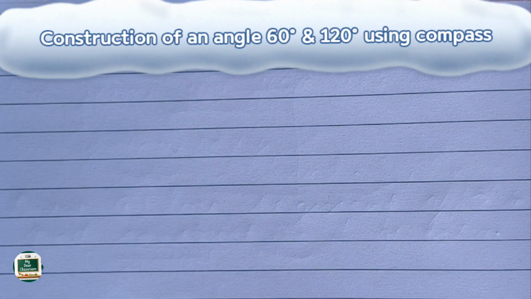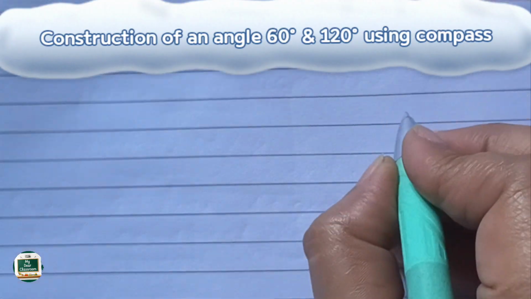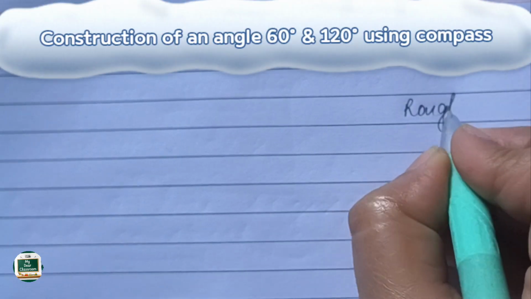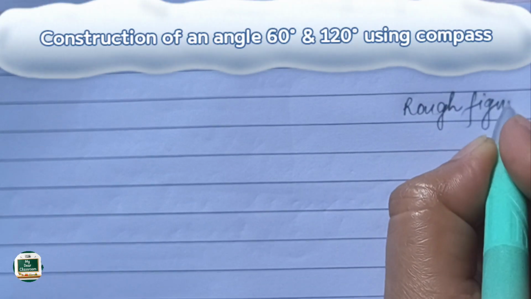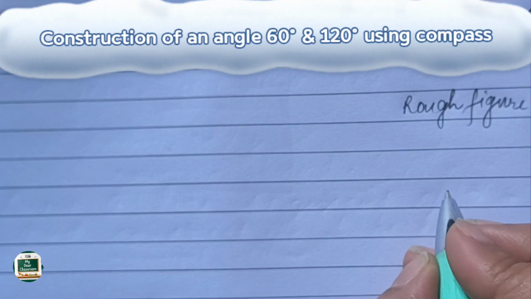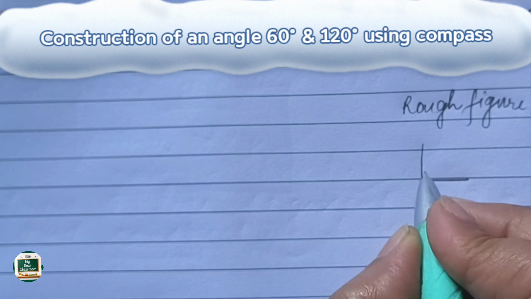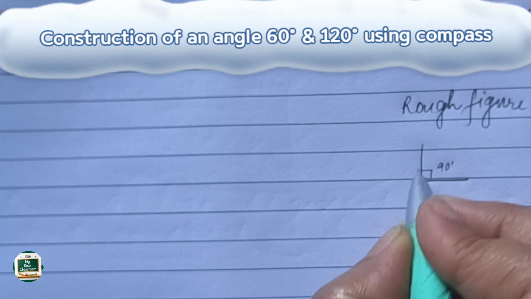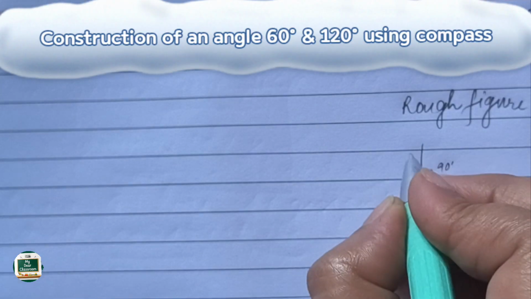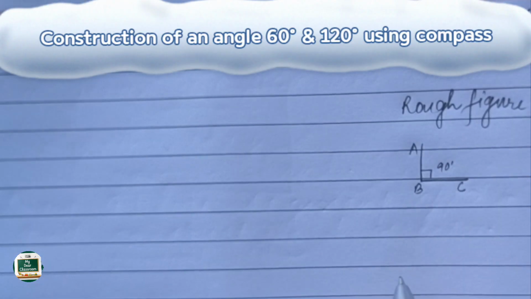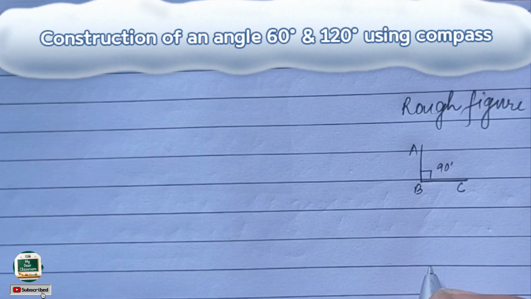First of all, let us understand the rough figure. Now, an angle will be drawn, and as you know, this is 90 degree, a rough figure. Suppose the name of my angle is ABC. This is 90 degree and 60 degree will be less than this.